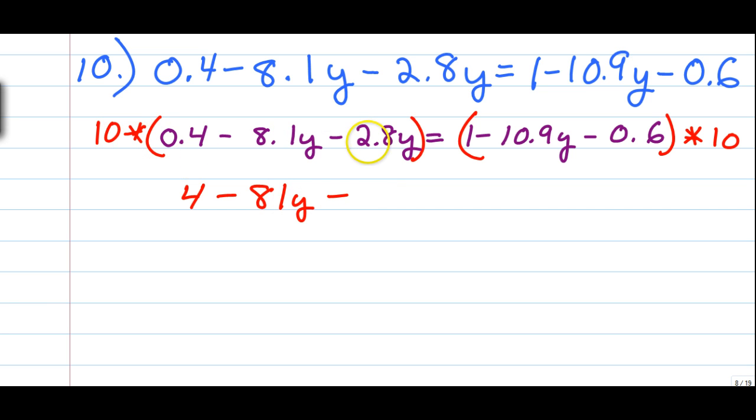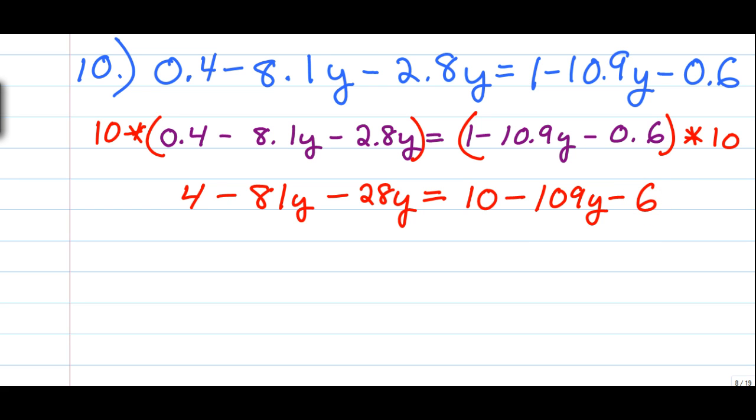Distributing that 10 to the 2.8 results in the decimal place moving 1 place, resulting in a 28y. On the other side of the equation, we multiply the 10 to a 1, which results in a 10, minus a 10.9 times 10, move the decimal place over 1 for a 109y, minus, now we take that 10 and distribute it to the 0.6, which results in a 6.